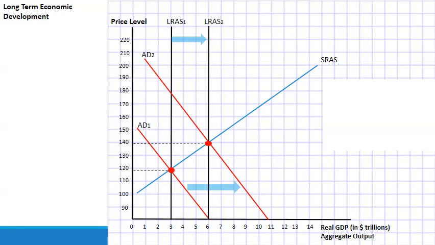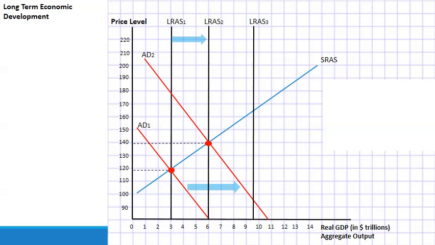So long-run aggregate supply increases as a result of population increases in financial or human capital, the development or discovery of new resources, and technological change. So that's why it's increasing. And aggregate demand increases as a result of increases in the money supply.